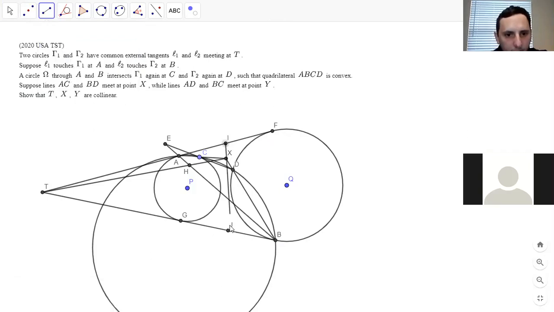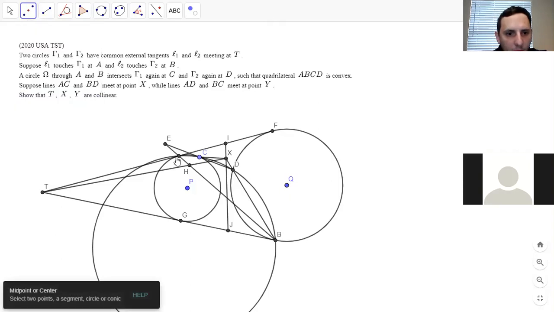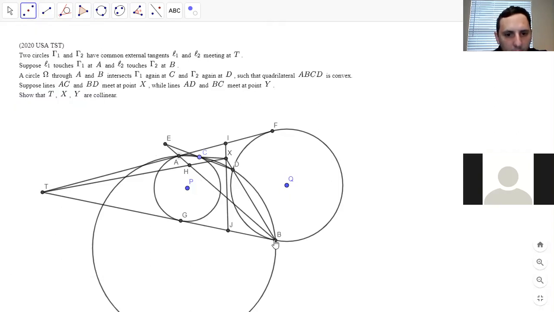Yeah, they are, from the radical axis theorem, because they have the same power. So can you name the midpoint of AB? All right.